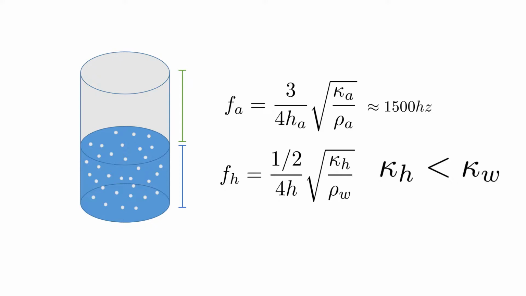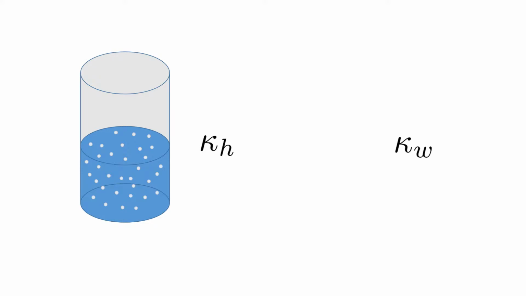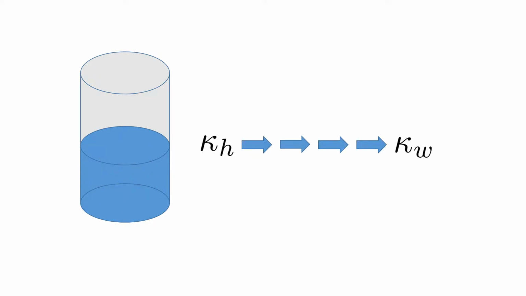That means that the resonant frequency of this bubbly hot chocolate will be much lower than the resonant frequency of the water. As the bubbles leave the hot chocolate, the bulk modulus of the hot chocolate will get closer and closer to that of water, until they're essentially equal, giving us the same resonant frequency we started with.